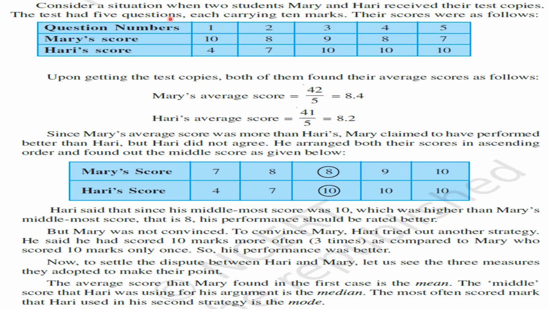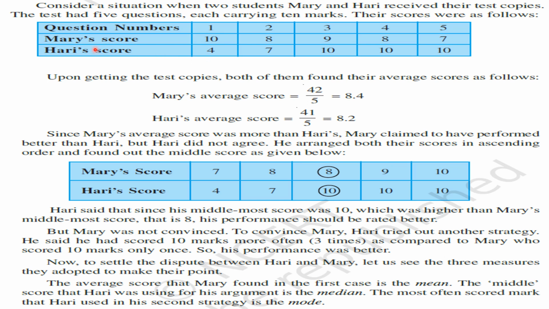Now consider a situation when two students, Mary and Hari, received their test copies. The test had 5 questions, each carrying 10 marks. Their scores were as follows. See here, number of questions: question numbers 1, 2, 3, 4, 5.